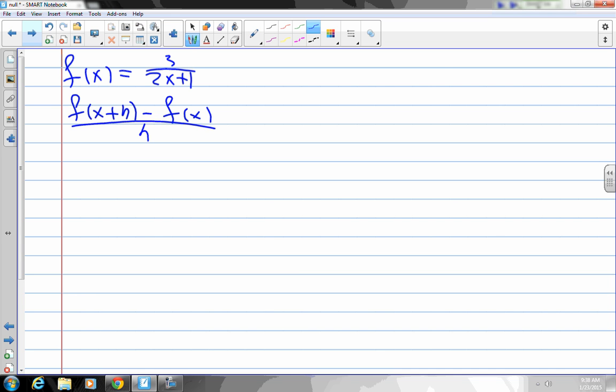When you set this up, you'll get 3 over 2 times x plus h plus 1, minus 3 over 2x plus 1, all over h. The first one is f of x plus h, followed by f of x, divided by h.